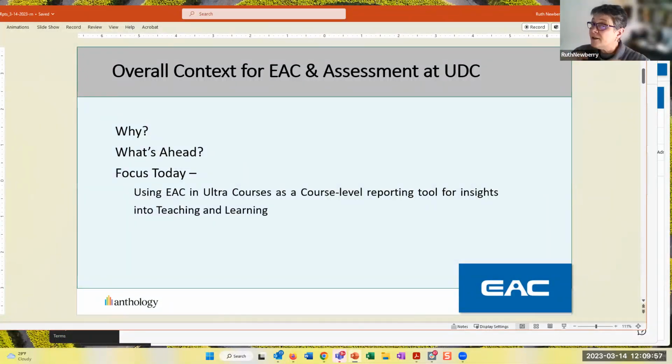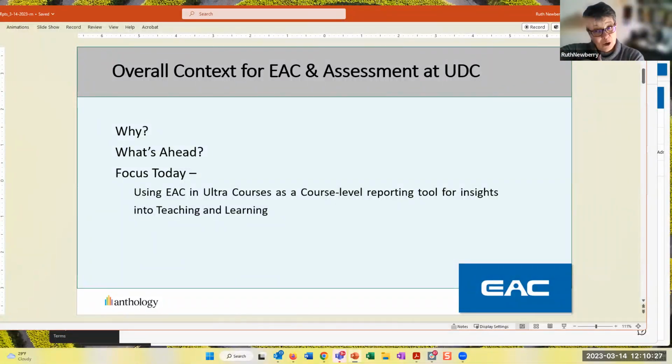But EAC also has the capacity later, as I work with the team, to start linking course learning outcomes, program learning outcomes, and institutional gen ed learning outcomes to rubric rows, test questions, and embedded assessment rubrics in your Ultra courses.